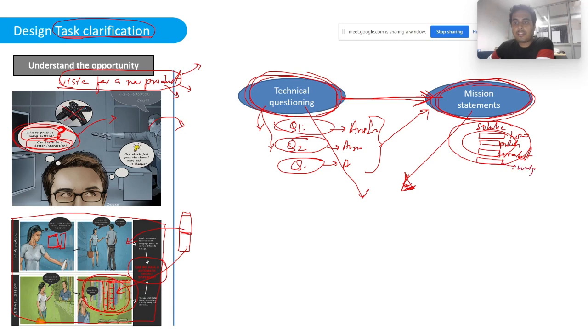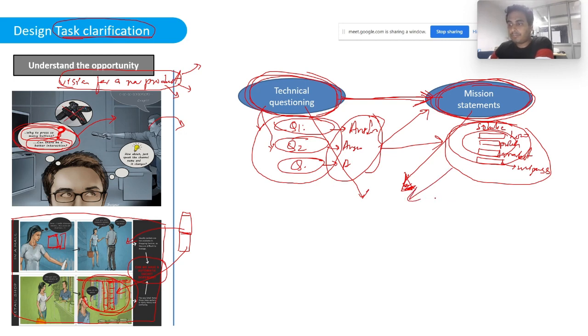All these aspects are covered in a mission statement, and technical questions along with their answers give answers to these mission statements, and they are important in many aspects.